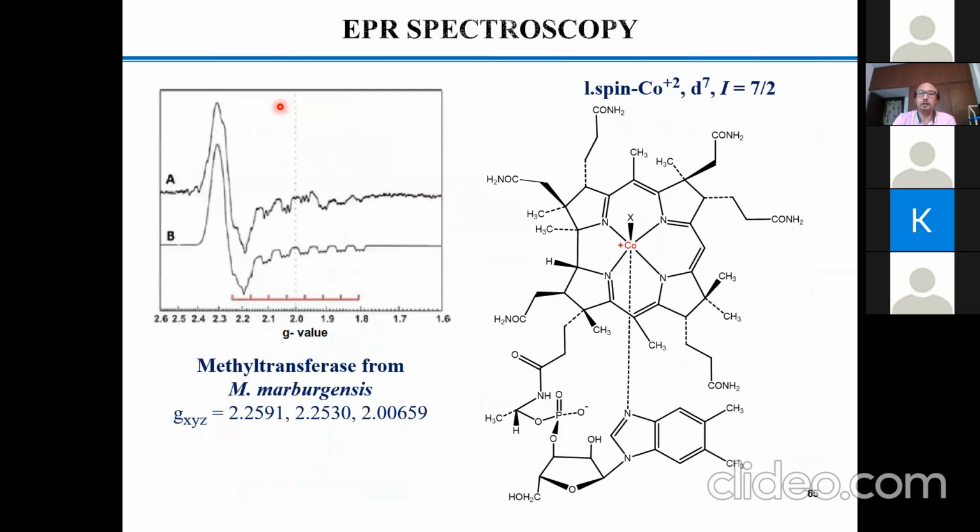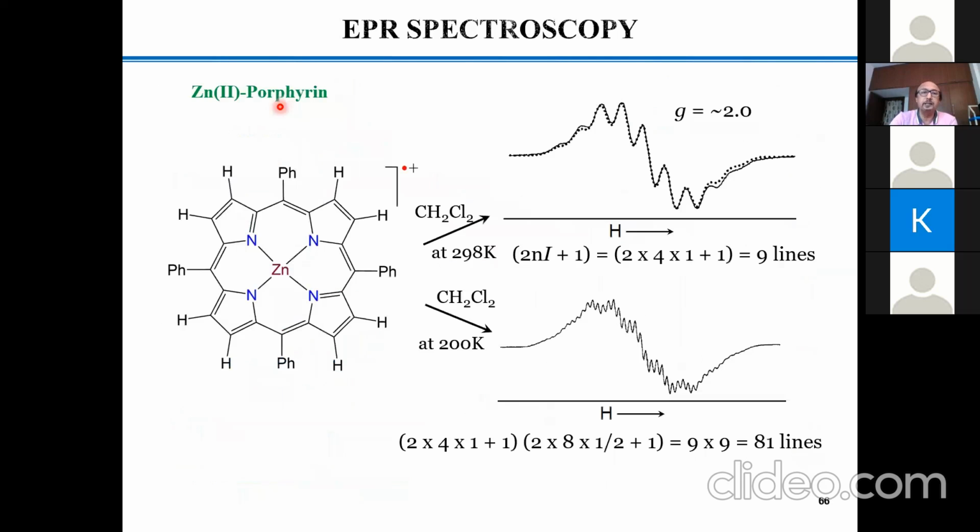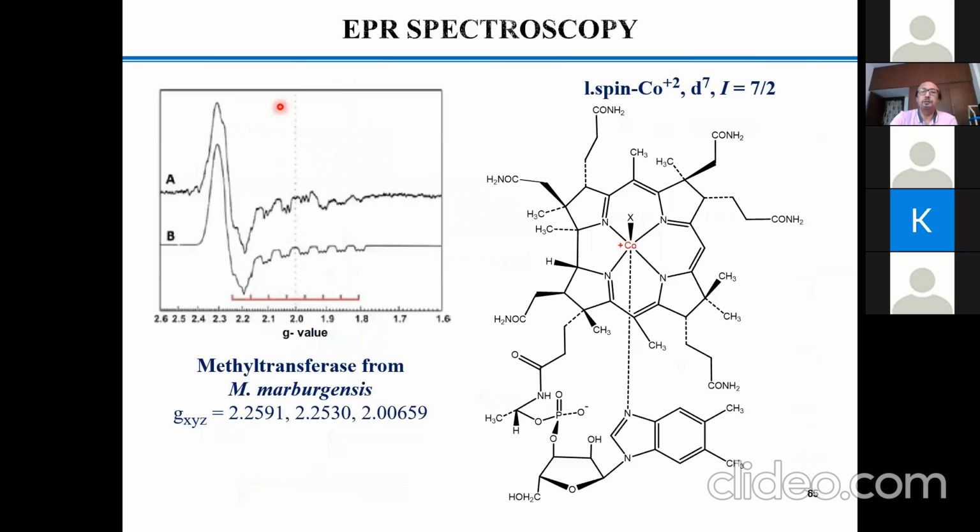So before going, let's see the copper. Copper will come. So before that, this is one example that proves EPR could also be nasty. Nasty in the sense that things are not as clean as one could anticipate or expect, right?